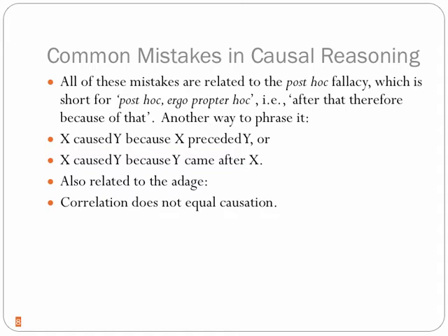Let's say we do a study and we investigate the relationship between vitamins and a healthy lifestyle, and we notice a correlation between vitamins and a healthy lifestyle. So if we were reasoning in haste, we might assume that vitamins must lead to a healthier lifestyle.